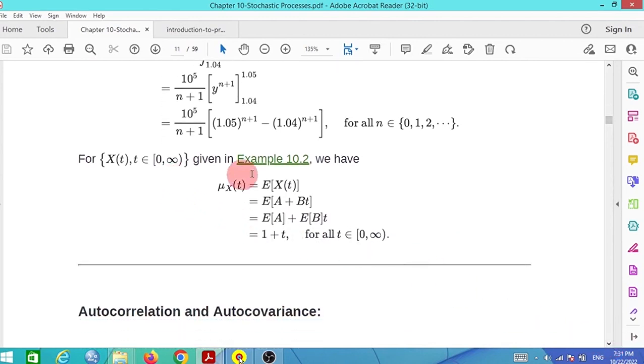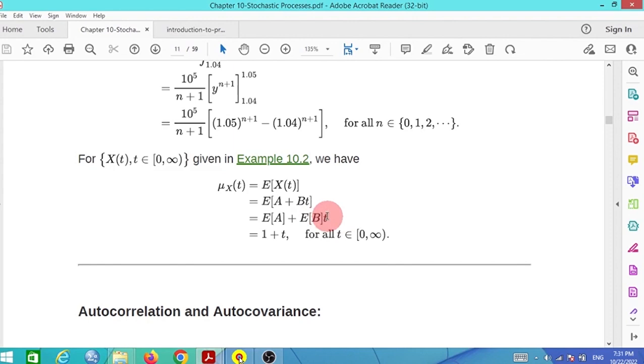For example 10.2, t belongs to this interval, time is continuous, and we take the expected value, replacing xt. The expected value of a sum of random variables equals the sum of expected values.